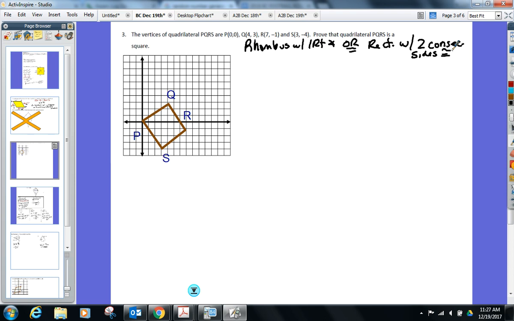What are we doing? The rhombus or the rectangle? How many rhombuses do I have? 1, 2, 3, 4, 5. How many rectangles? Okay, here we go. Rectangles, that's what you asked for. So let's prove it's a rectangle. What's the easiest way to prove this is a rectangle? Show it's got 4.